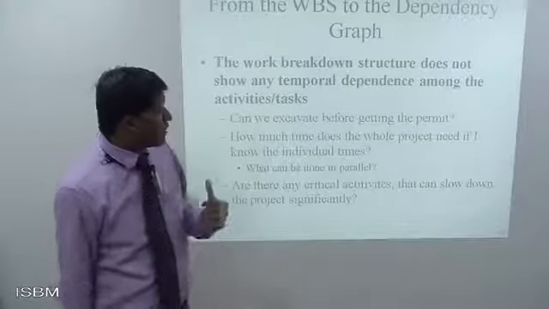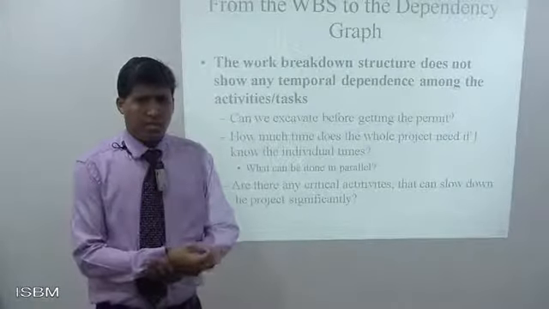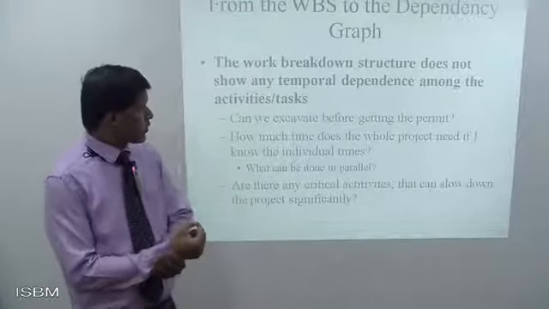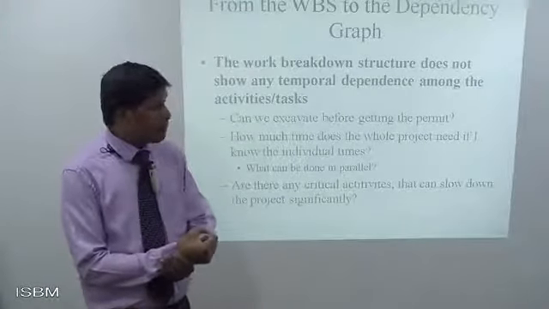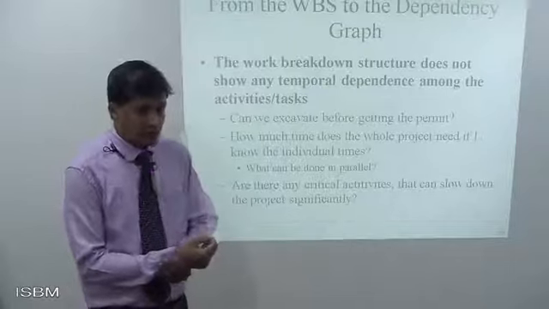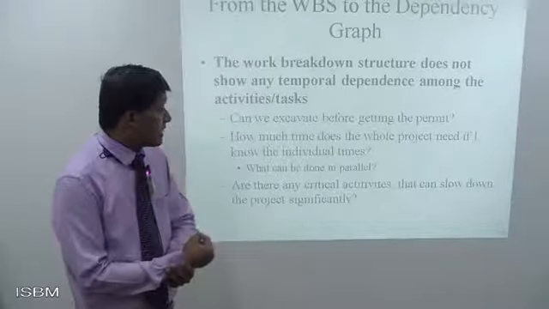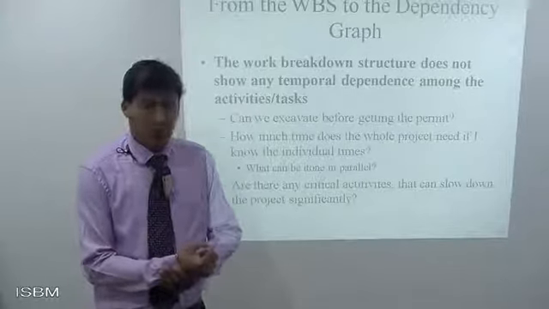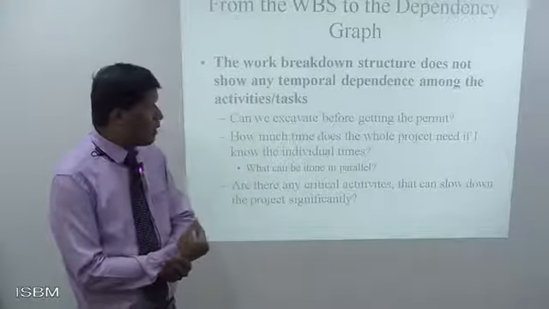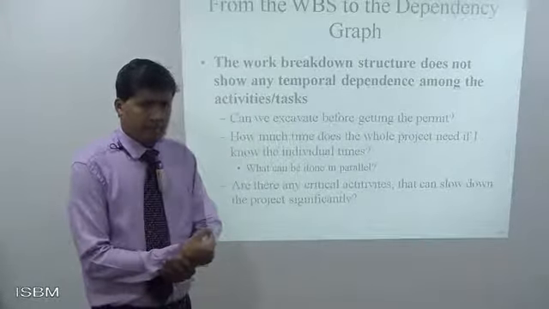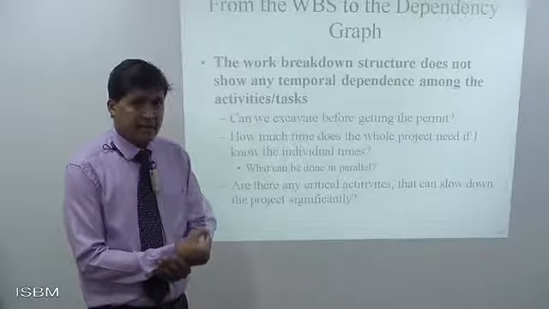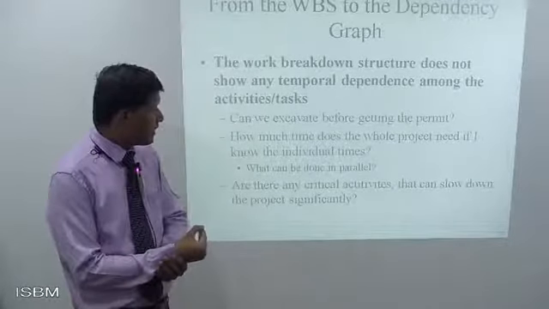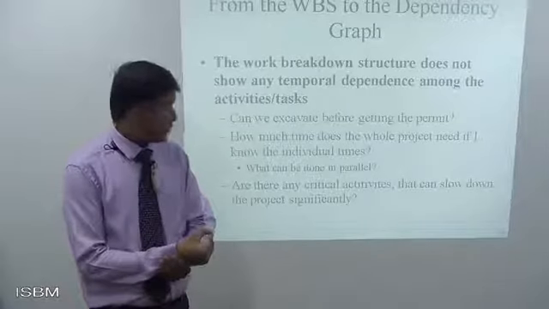So the work breakdown structure does not show any temporal dependence among the activities or tasks. So if you see, can we excavate before getting a permit? Cannot. How much time does the whole project need if I know the individual times?